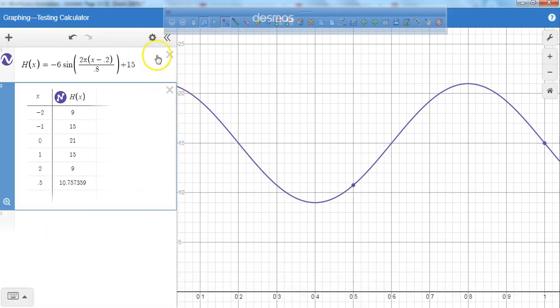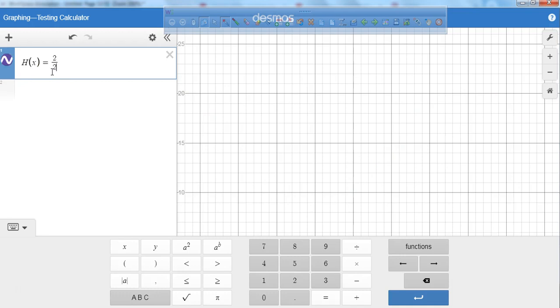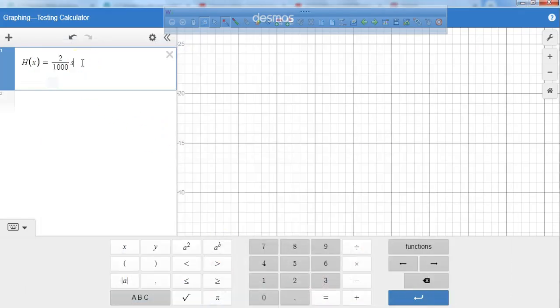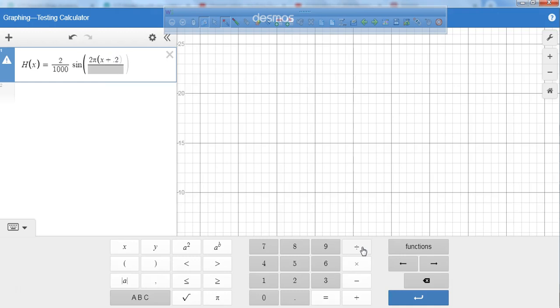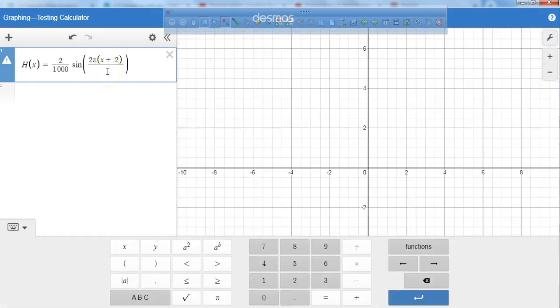Close that out. 2 divided by 1,000, sine, open parentheses, fraction 2 pi x plus 0.2, over 4.